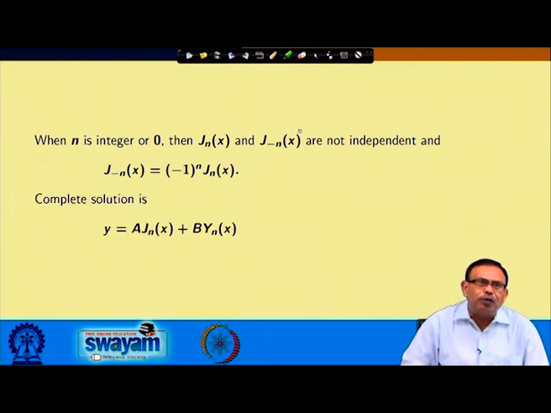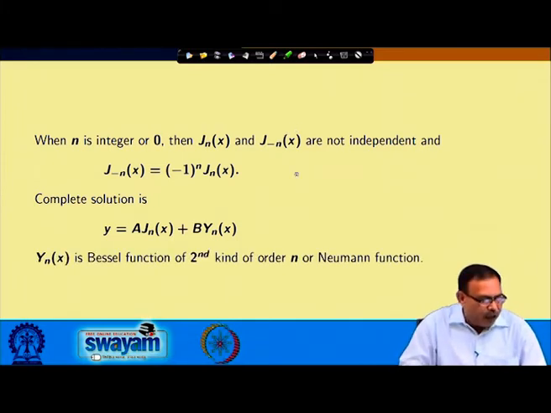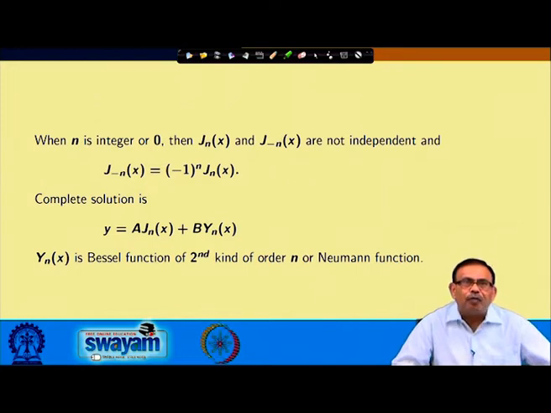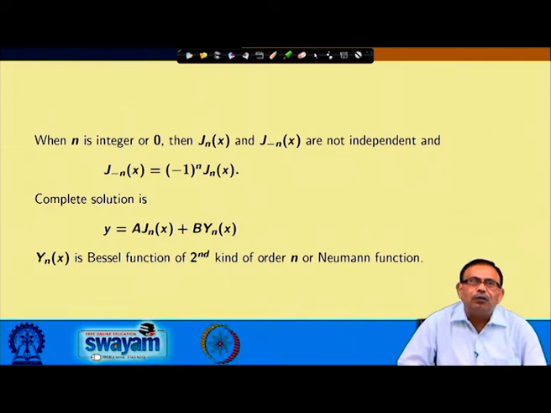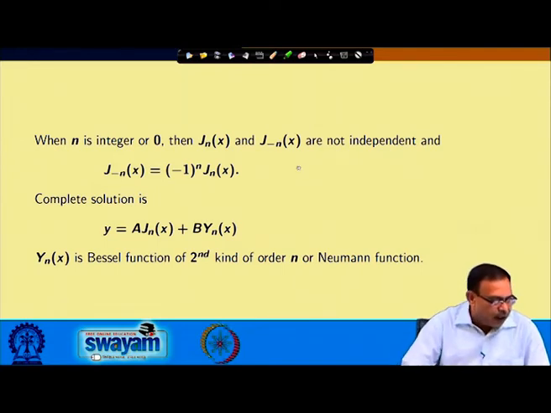The complete solution we write as a J_n(x) plus b Y_n(x), where Y_n(x) is called the Bessel function of second kind of order n, or sometimes the Neumann function. So the complete solution is y equals a J_n(x) plus b Y_n(x).